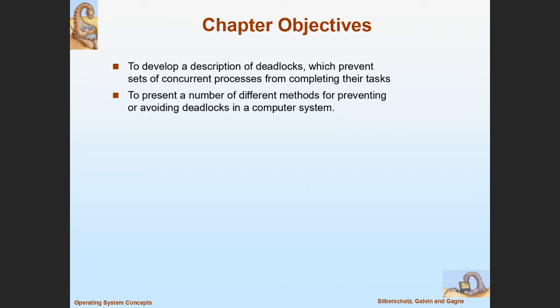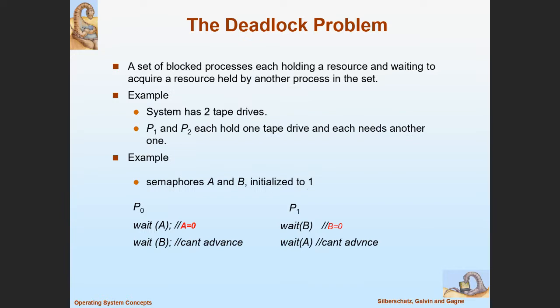And we have several methods for preventing and avoiding it in computer systems. So two processes are in deadlock if they occupy certain resources and require another resource which is currently occupied by the second process, which requires back the resource of the first process, which is currently being used.